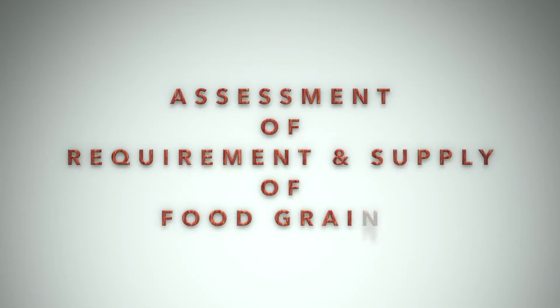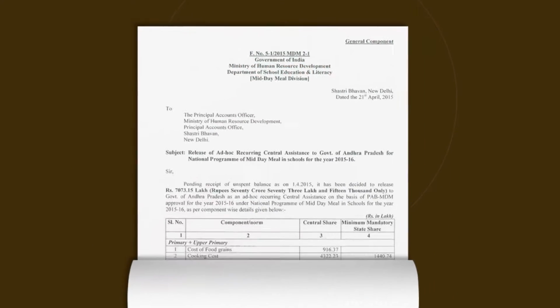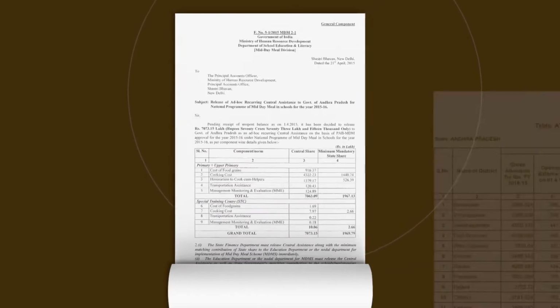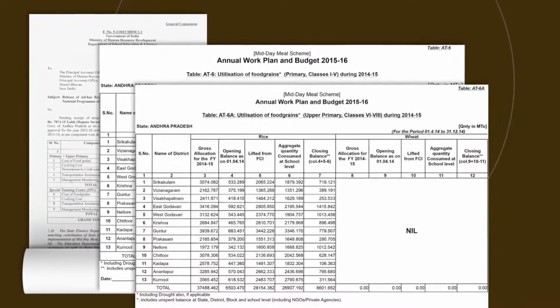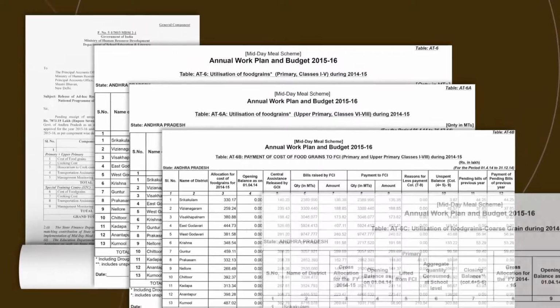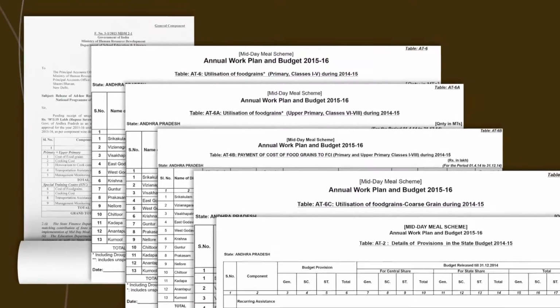Assessment of requirement and supply of food grains. Based on the approval sanctioned by the PAB, aggregation of food grains requirement from school point to state level should be monitored meticulously.